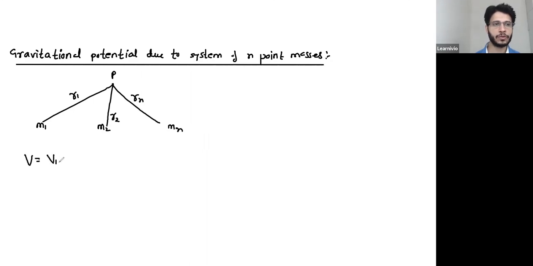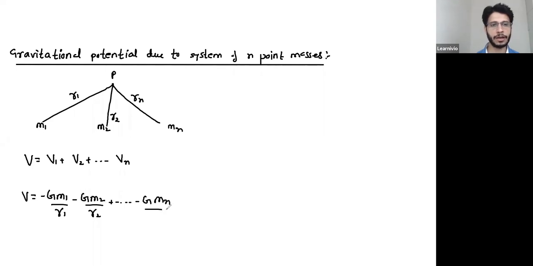So first calculate potential due to each of the individual masses. For the first mass, V1 is minus G M1 by R1. For mass M2, it's minus G M2 by R2. For Mn, it's minus G Mn by Rn. This is the potential.